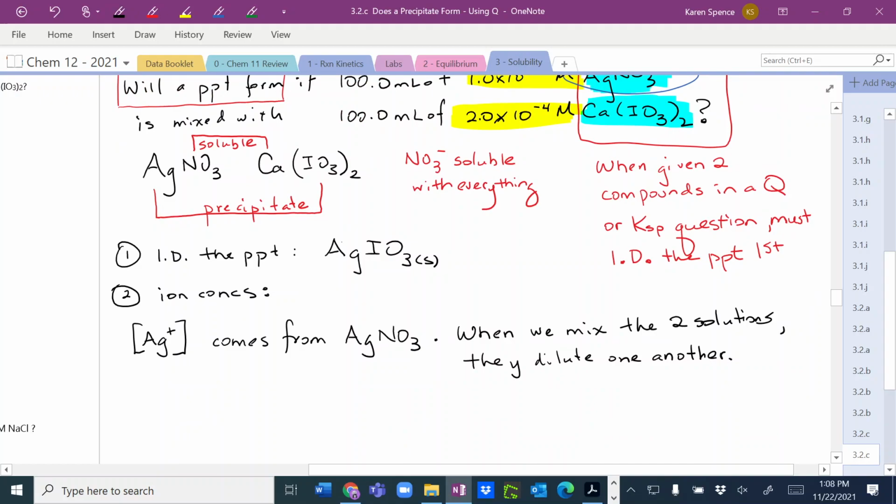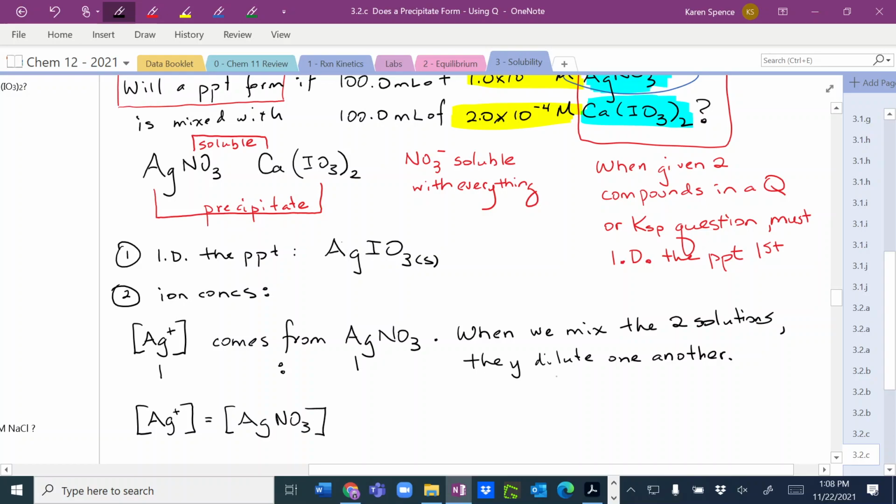So our concentration of silver, oh look, this is a 1-to-1 ratio, yes? So I can say then that my concentration of silver is equal to the concentration of silver nitrate.